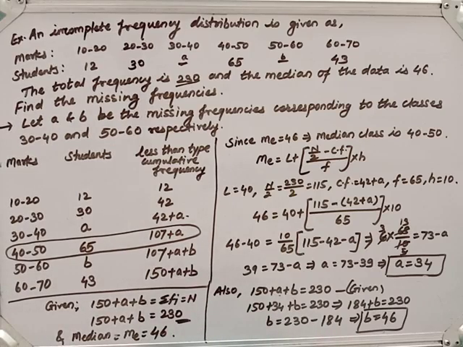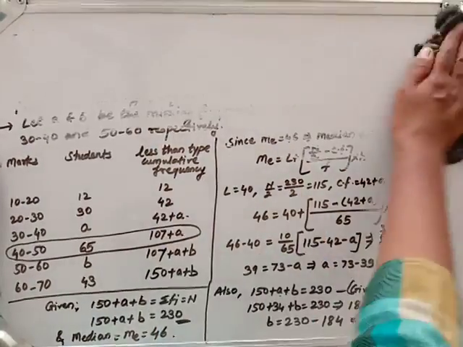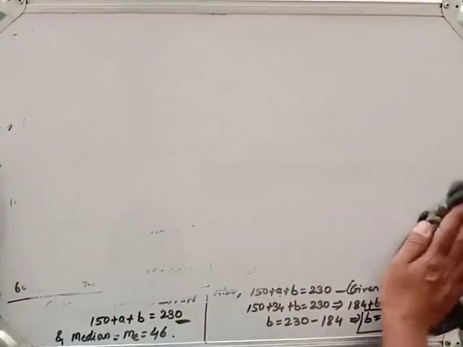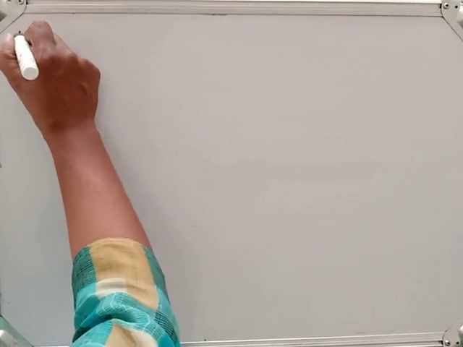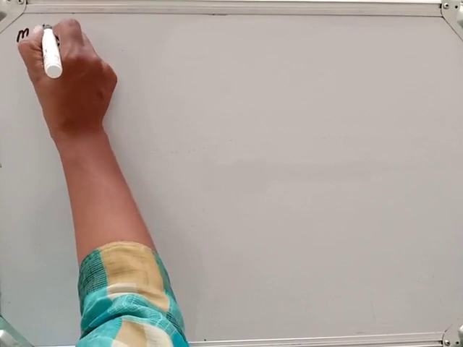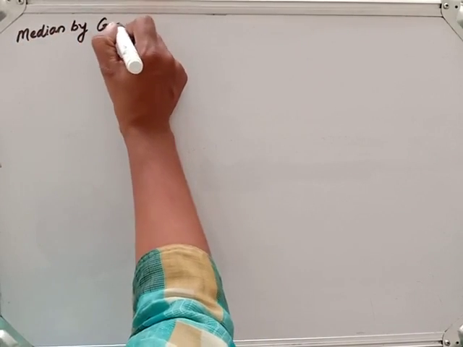How can we represent median on a graph? So let me take that part. Median by graphical method.